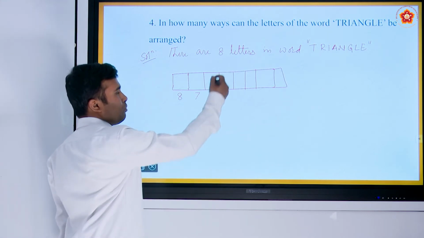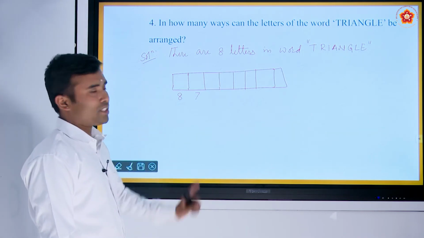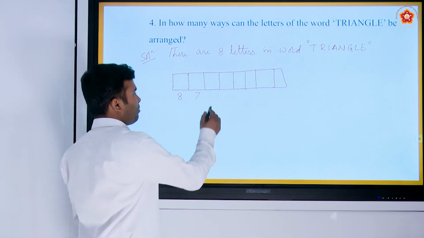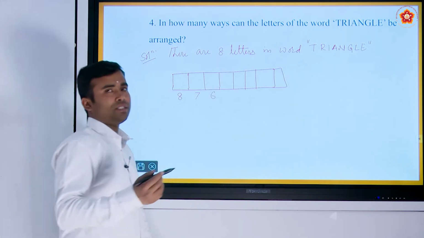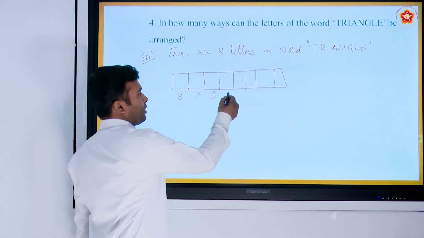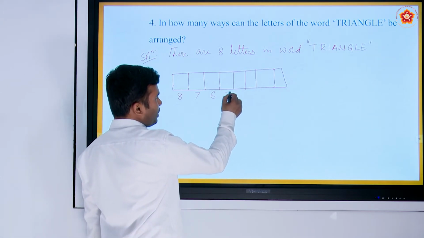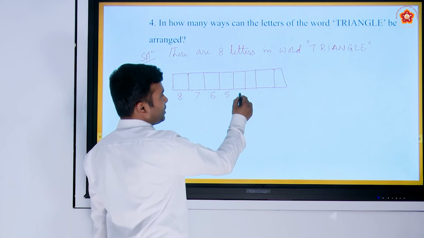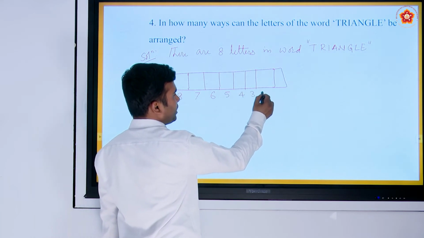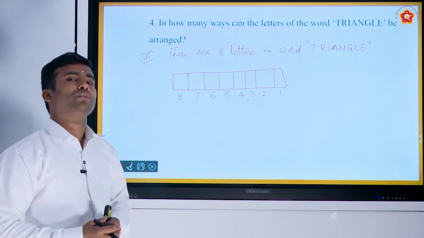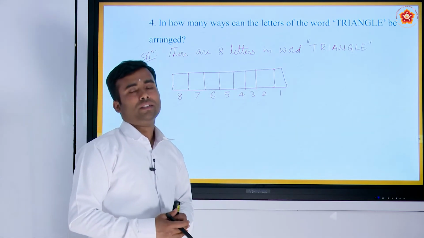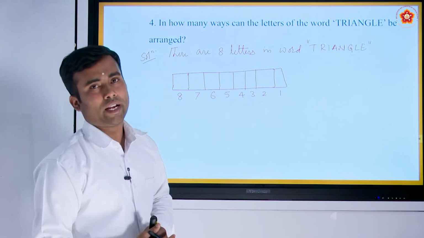And similarly, one letter is removed now. Then the remaining number of letters will be 6, and this place can be filled in 6 different ways. Similarly, one letter is removed, then you are left with 5 letters. Similarly, 4 letters, 3 letters, 2 letters, and finally 1 letter. This is how you can arrange the letters of the word triangle.